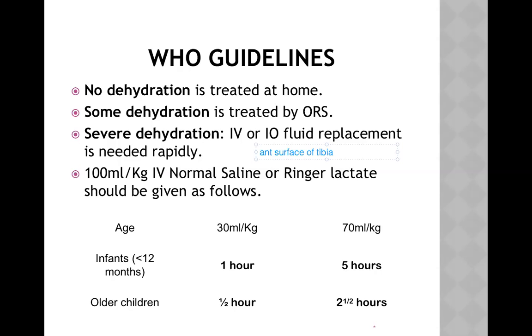Just below the tibial tuberosity. Now this is a type of bony landmark on the upper part of the anterior surface of the tibia. So we palpate that tibial tuberosity, and around 1 to 2 finger breadths below we clean that area nicely.